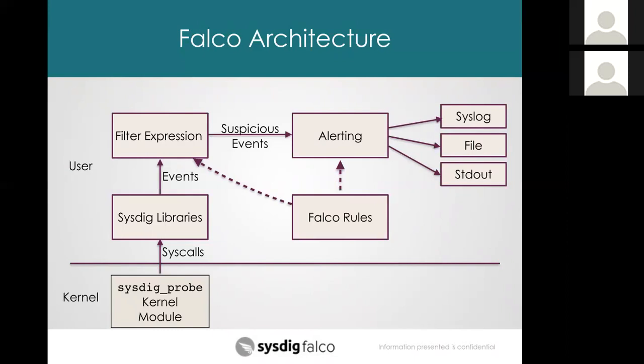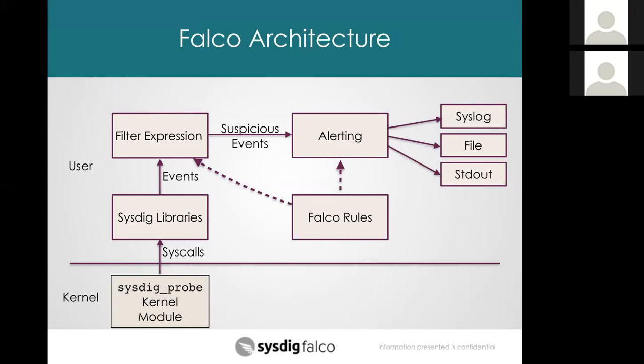That gets passed up to user space, and then there are libraries that take these system calls and transform them into events. It does aggregation and deeper analysis to associate system calls with the process that's running it, fully resolves file descriptors and network connections, and gives you a richer view into those system calls.